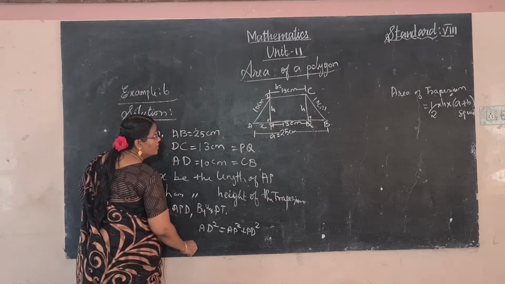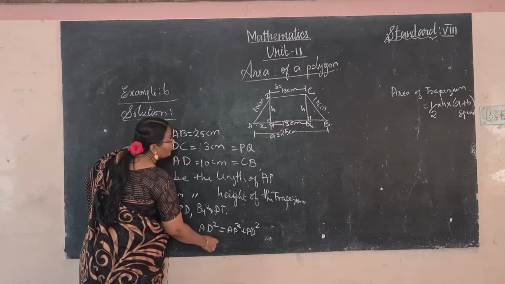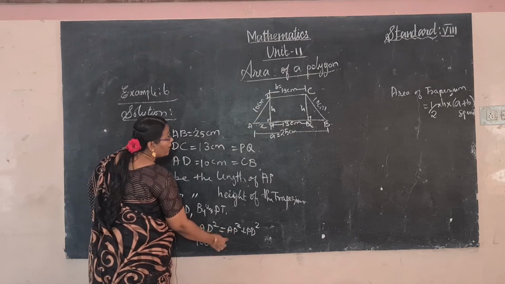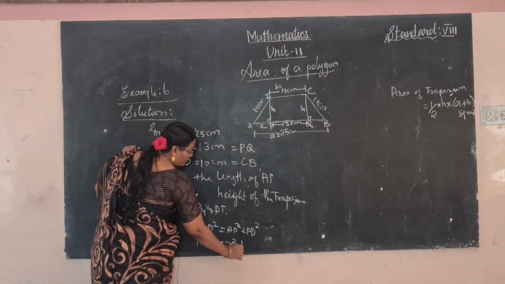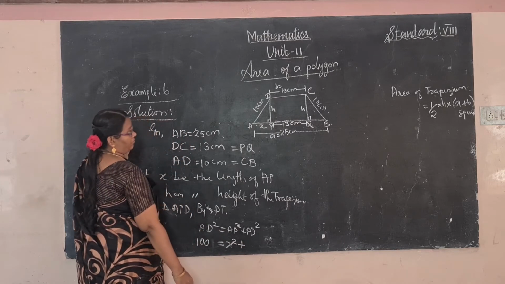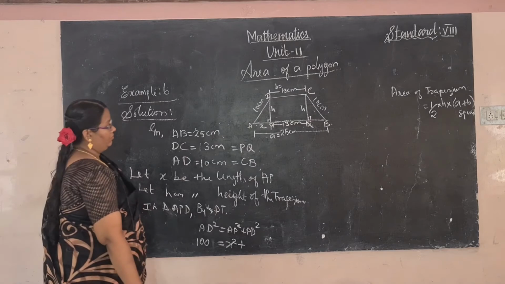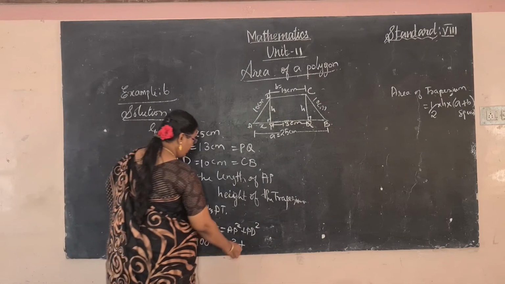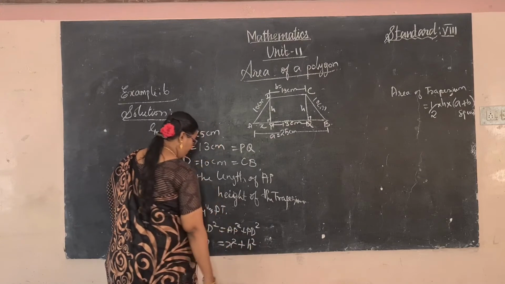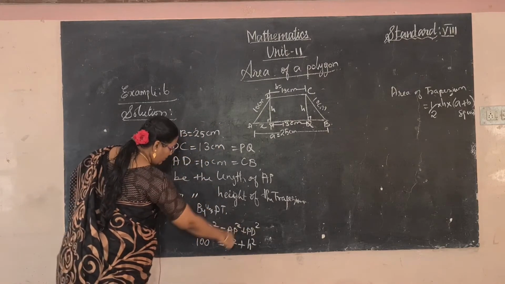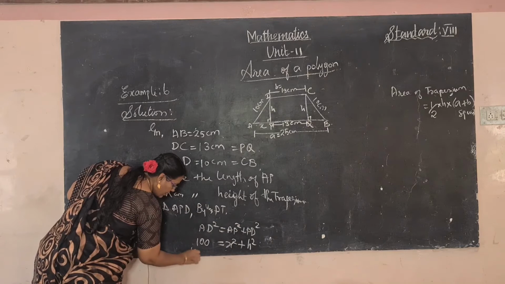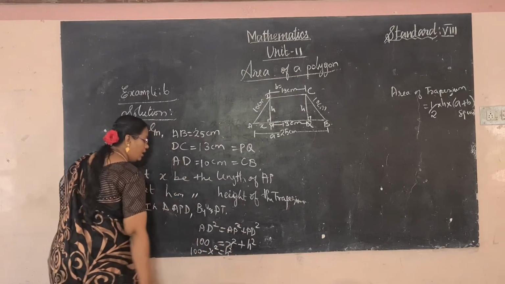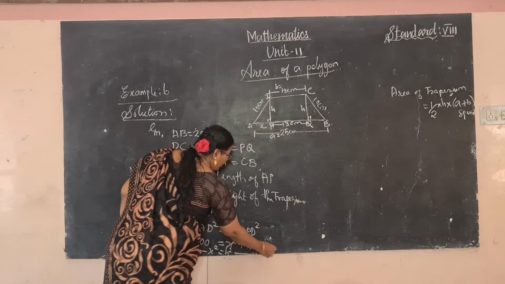AD square value is 100, I squared it. And AP is x squared plus PD square value is h squared. Okay, so we need the value of h square, so move to the other side. 100 minus x squared is equal to h squared. It is denoted by equation number 1.